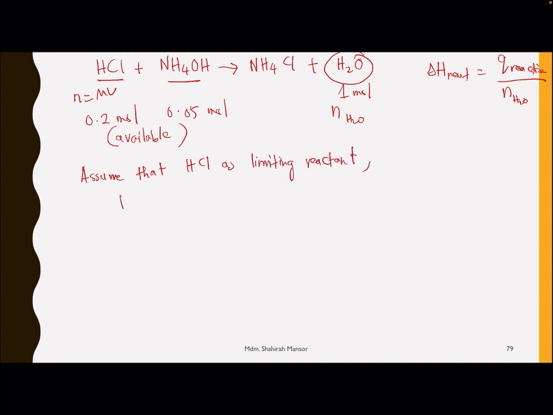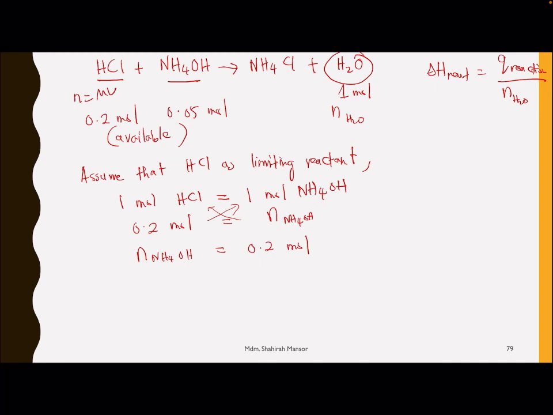According to the balanced chemical equation, 1 mole of HCl will react with 1 mole of ammonium hydroxide. So if we have 0.2 mole of HCl, we have to find the new n for ammonium hydroxide, which is 0.2 mole.